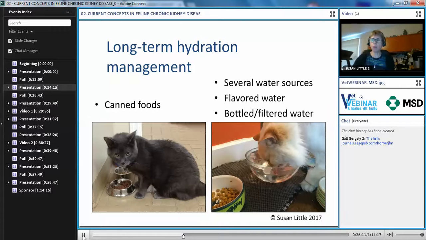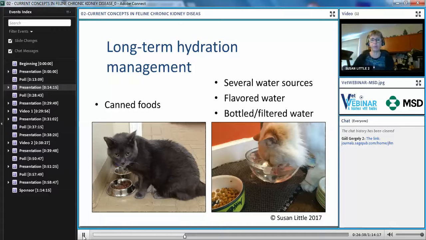So in the home environment, we also have to have advice for the owner about how they're going to maintain hydration long term. So one way, of course, is by feeding canned foods, either as all of the diet or part of the diet. We have to be careful if we feed only canned or tinned foods that the cat is getting enough calories because there often isn't as many calories in tinned food as there is in dry food.